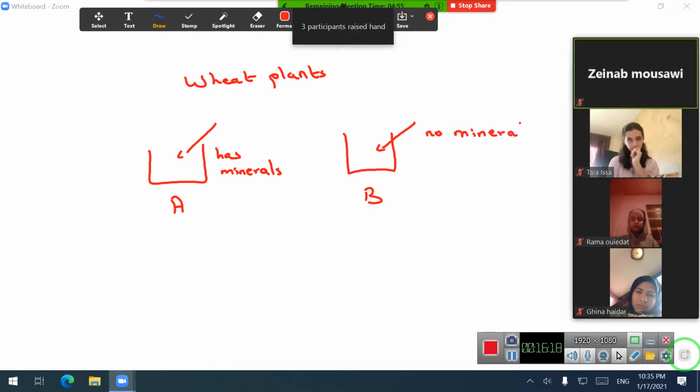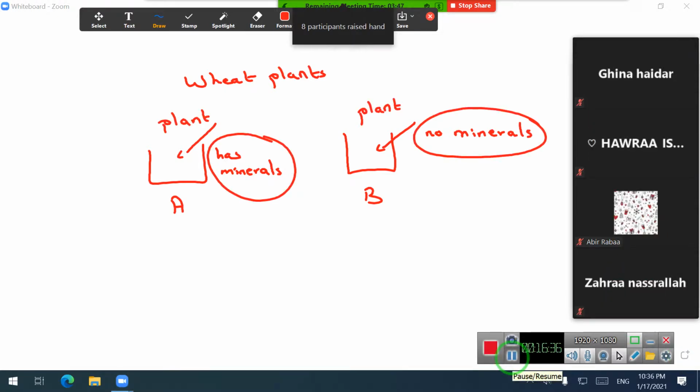Which plant grows better? Let me ask now Rina. Rina, if I have two plants, A and B, and minerals are added to A and not added to B, what will happen?